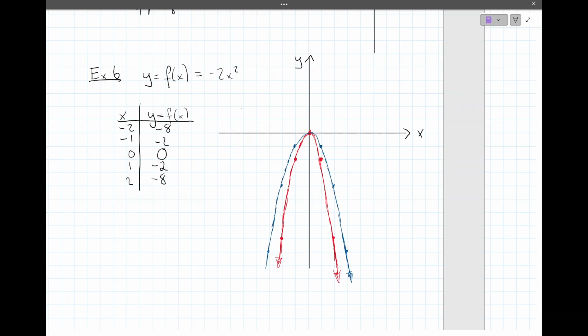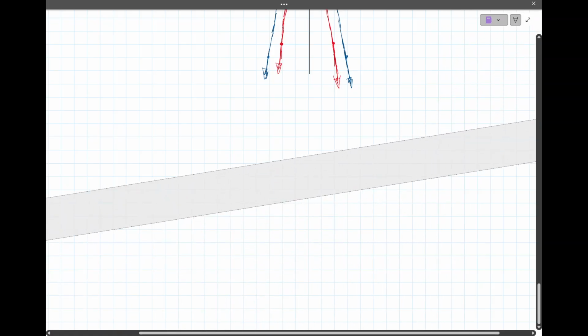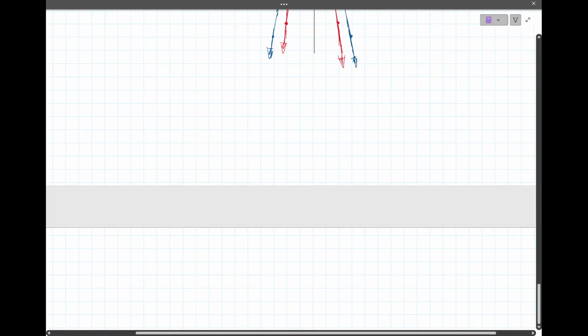So it shrunk everything in, or we would call that a compression. So this one is y equals -x squared, and then our red for comparison is y equals -2x squared. So we can see that we're just reaching our y values even faster. All right, last one, and then we move on to a somewhat separate topic.